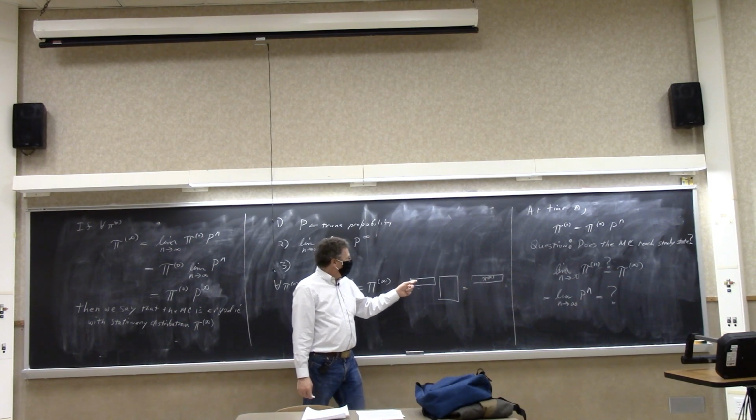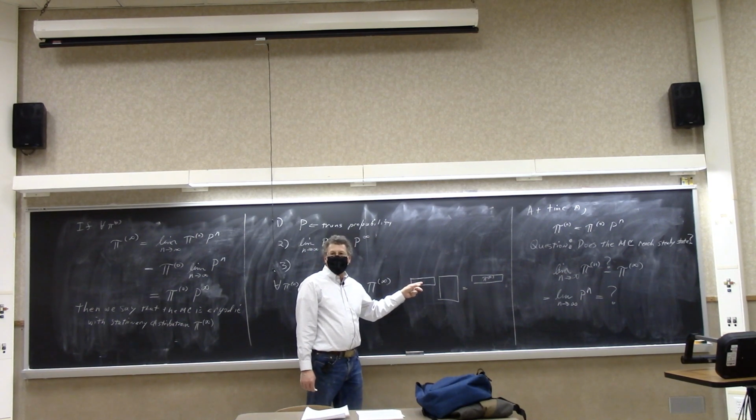Now, no matter how we pick this vector, can this vector be anything? First of all, this is an m-dimensional vector, right? What are the constraints on it? It can't be anything.